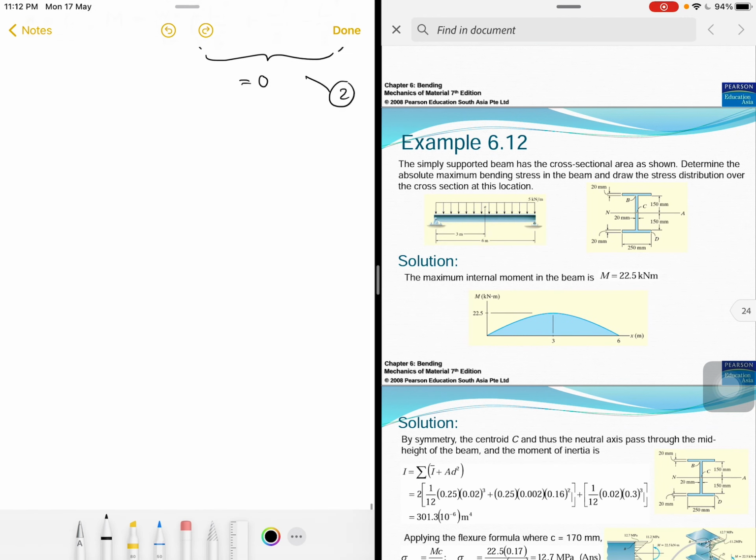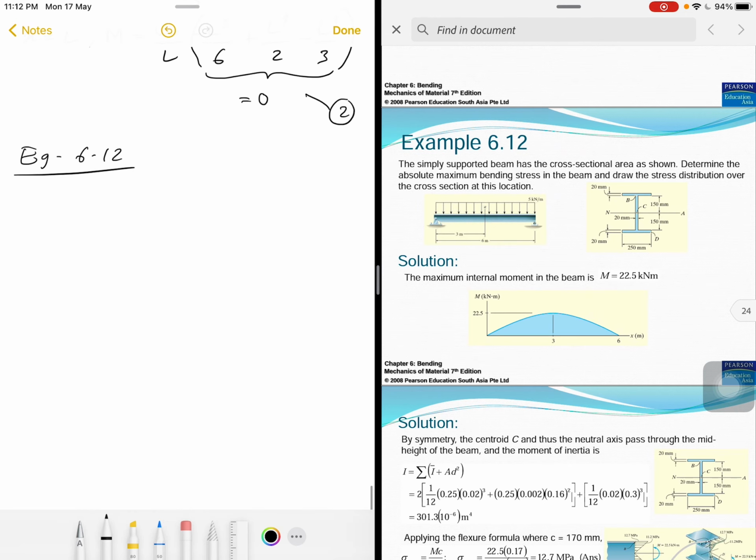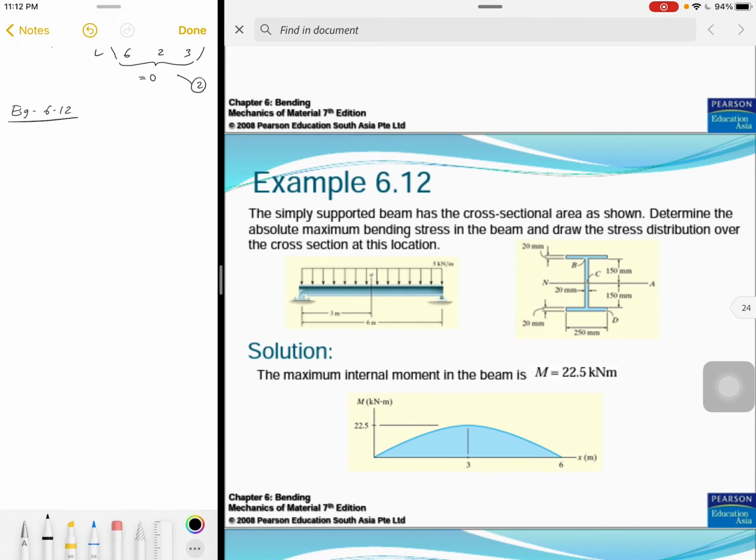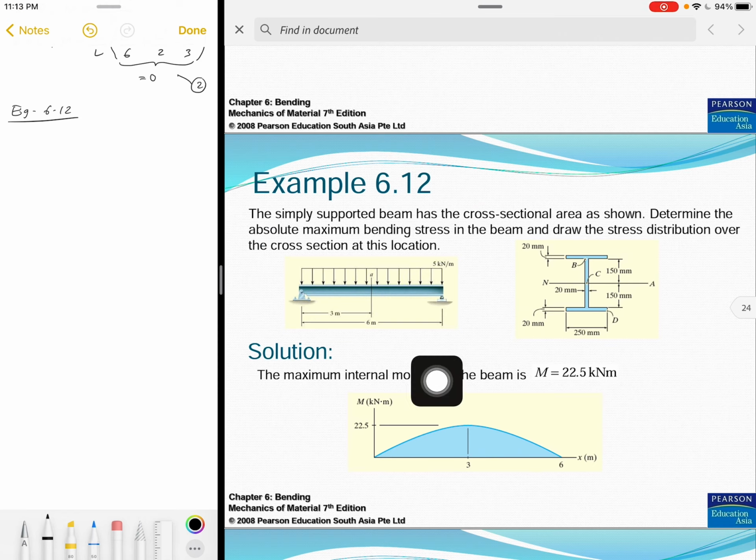Let's try example 6.12. Let's read that first. Okay, in this subtopic, we will consider the shape of the cross-section area, and now we want to find the stress within the cross-section, and we want to find the maximum.